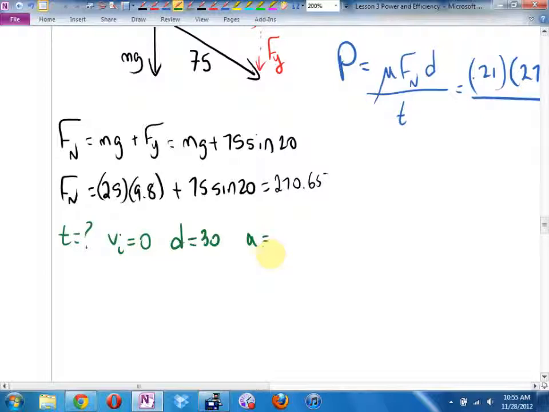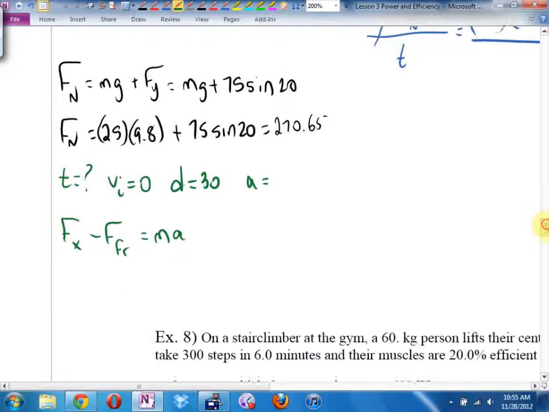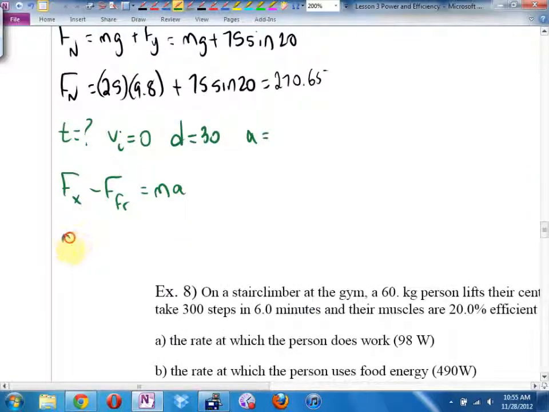How am I going to find a? Winner minus loser. Who's winning? Fx. Who's losing? Friction. That equals ma. The acceleration is going to be Fx, 75 cos 20 minus friction. 0.21 was mu? Mu times the normal force, which was 270.65.